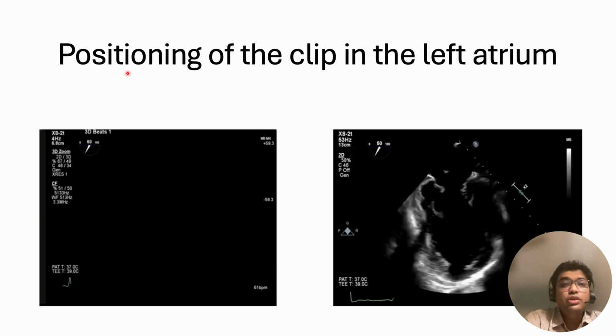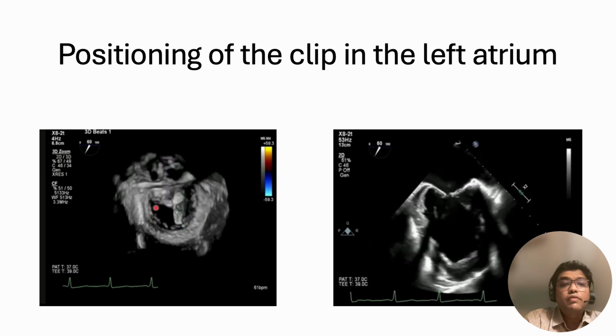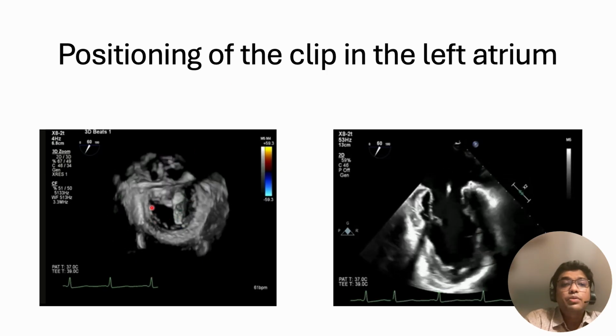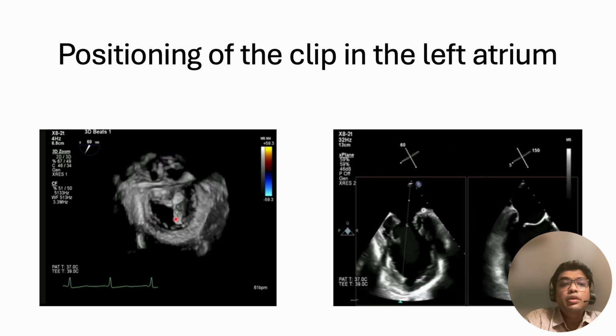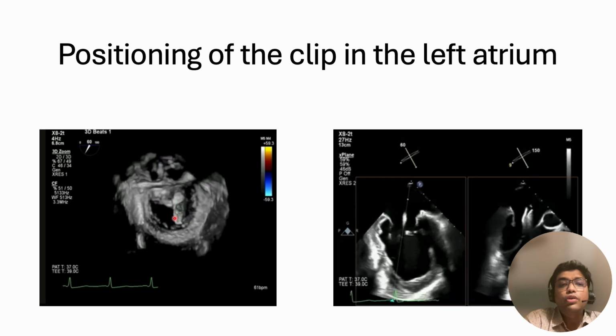While positioning the clip in the left atrium, you have to understand that your mitral valve orifice is a smiley shape. If you want to clip A2 and P2, the orientation of the clip arm should be at the 12 o'clock 6 o'clock position.